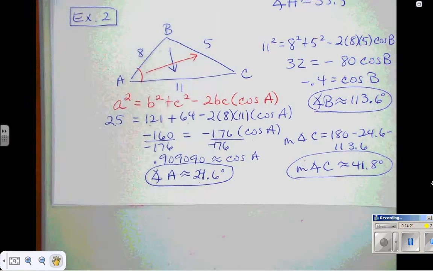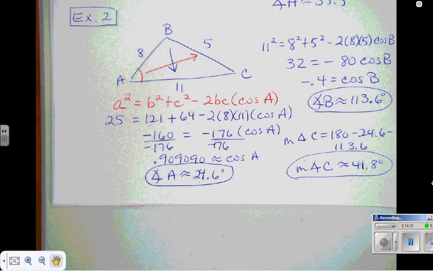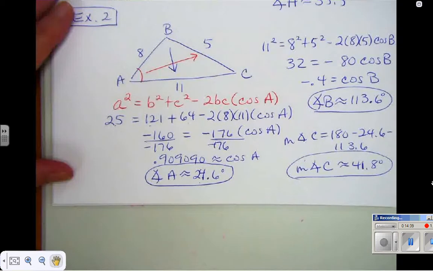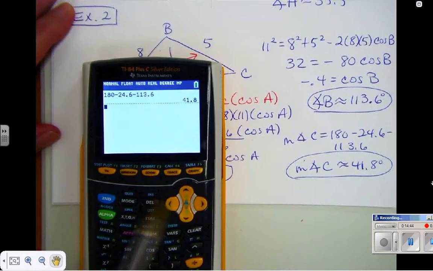What did you calculate to get that? Angle A? What I did was, when you're finding the angle measurement, you have to use your second function key on here.